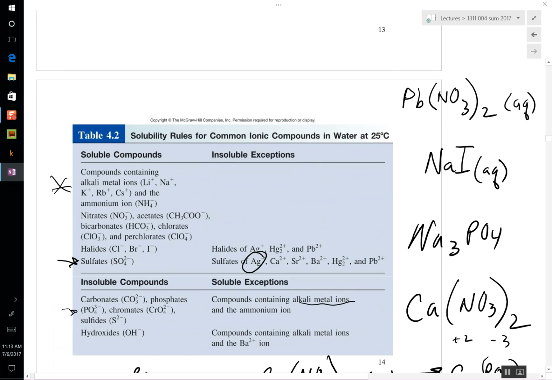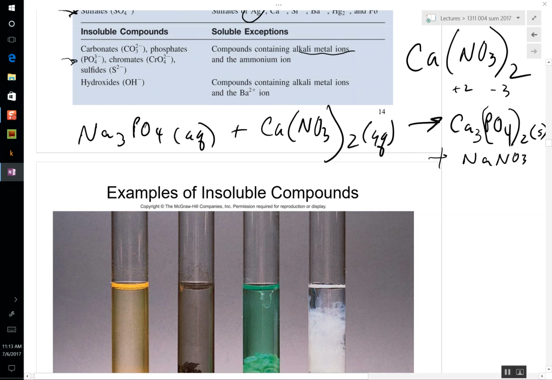We're going to start out with two things that we know are soluble in water. How do I know that's soluble in water? All nitrates are soluble in water. How do I know this is soluble in water? All sodium compounds are soluble in water.